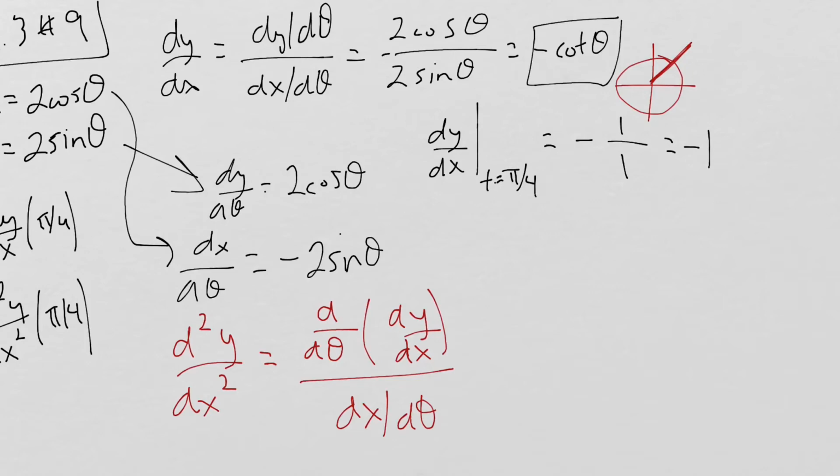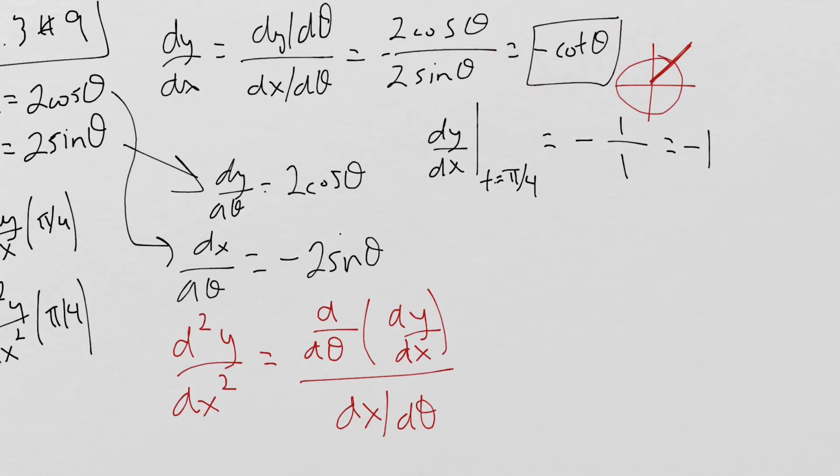Anyway, so I need to derive this with respect to theta. This is a scenario where it makes sense to have a cotangent because I'm now trying to take the derivative with respect to theta. If I was trying to do 1 over tangent, I'd have to do some chain rule, and I don't want to do that.